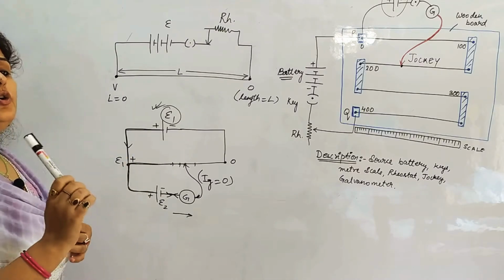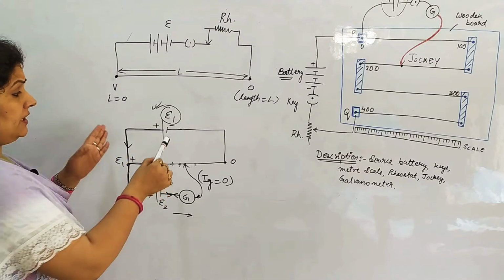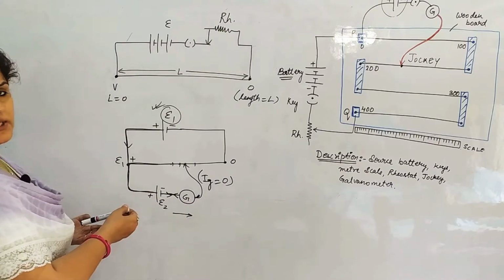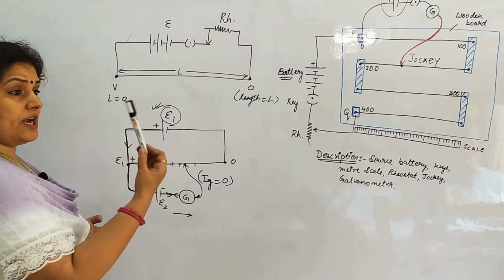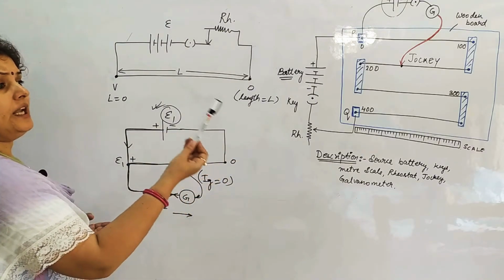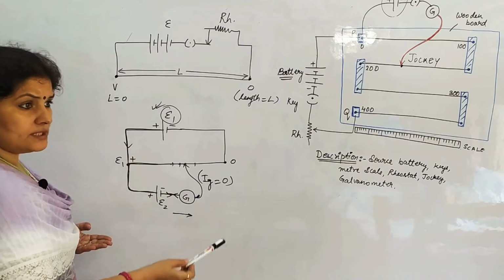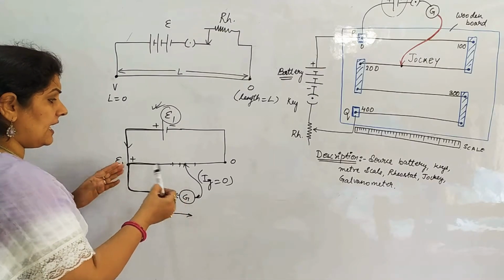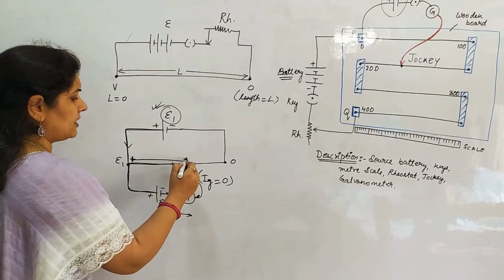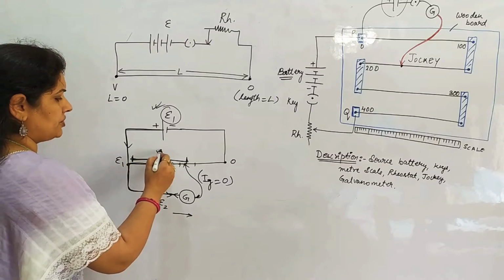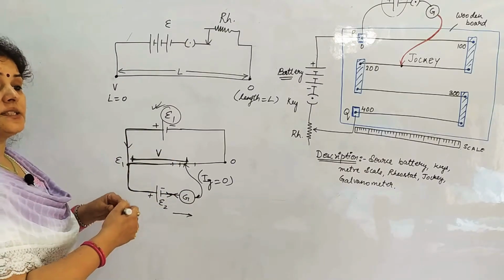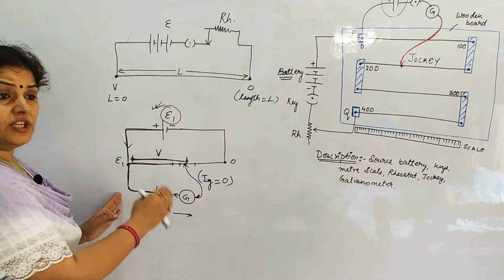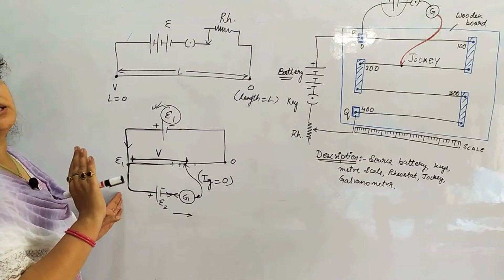The moment the galvanometer current is zero, E1 is not making the current move in one direction nor E2 in the other. When net current is zero, the needle goes neither right nor left, it means that the potentials have become equal. The potential drop of this length due to E1 is equal to the potential given by cell E2. So this is called the method of balancing the voltage.